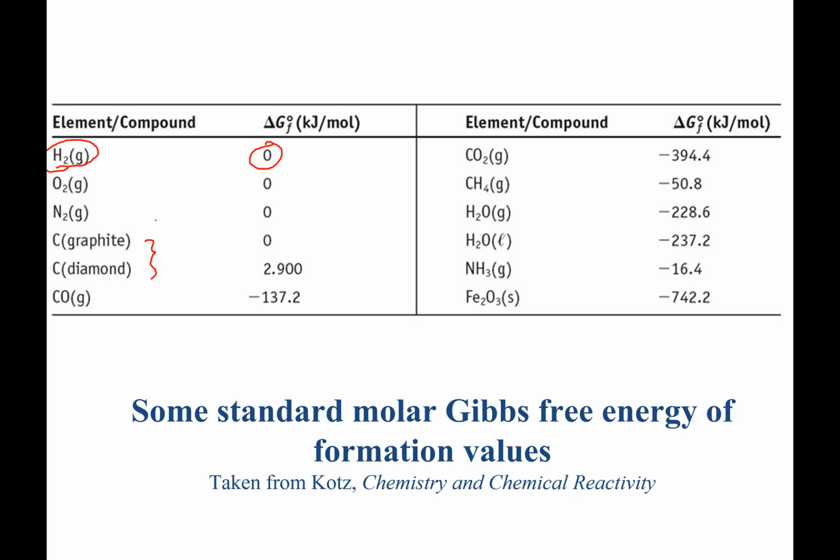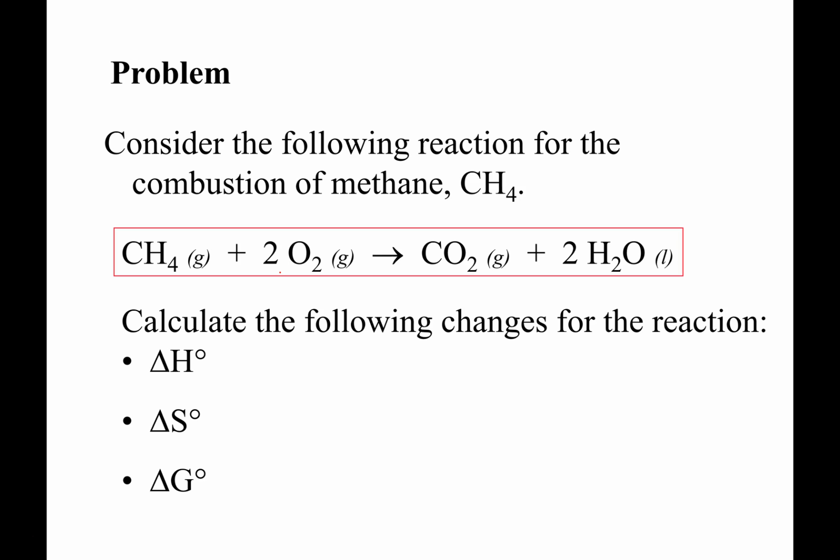There are like 3 or 4 different allotropes of carbon. We have the graphite, diamond, and the buckyball, maybe that's just 3. But the standard state is graphite. So the Gibbs free energy of formation of carbon in its graphite state is 0. So we're going to be using these, I think, to work the next problem.